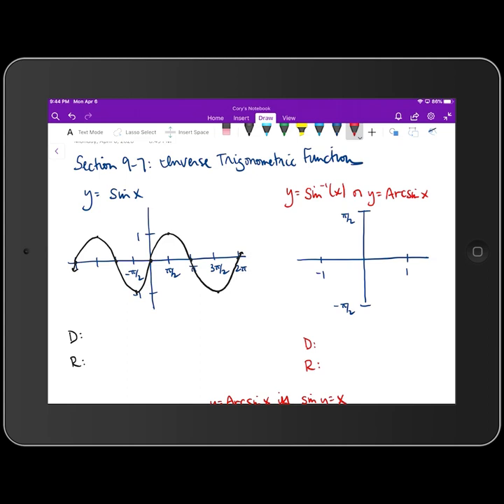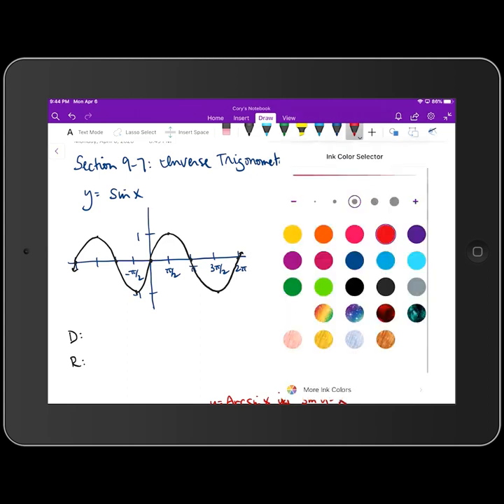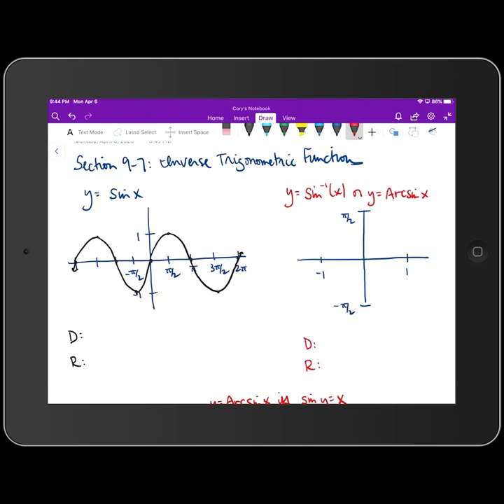So what we're going to do is restrict the domain of the sine function in order to make it 1 to 1. And that's something that we did way back in chapter 1. So the way we want to restrict the domain of the sine function is we want to take a look at the graph of the sine function in between negative pi over 2 and pi over 2.